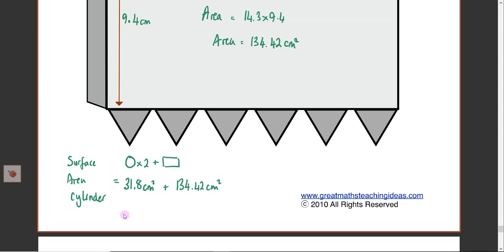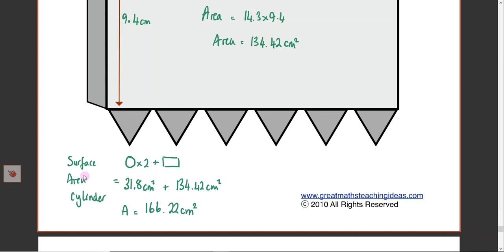And so the surface area of the cylinder is 166.22. Can you check each other's? Square centimetres. Yep, 166.22.